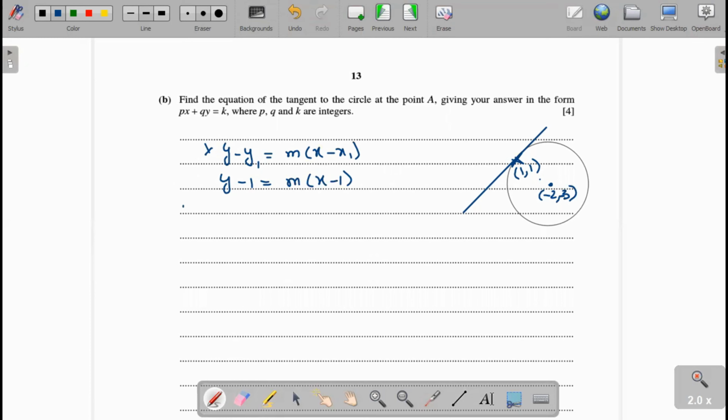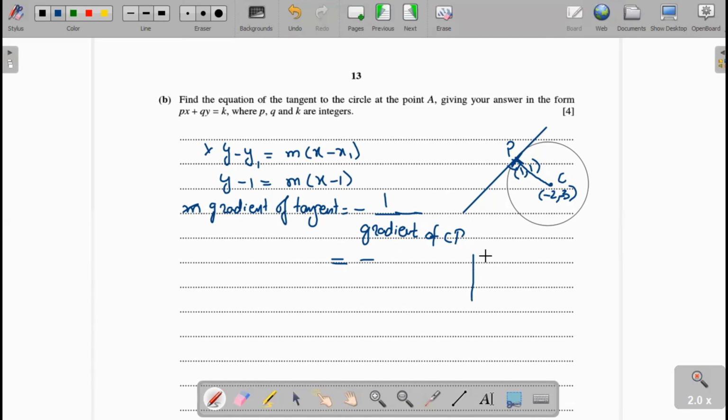Now to find the gradient of the tangent line, it is equal to minus 1 over the gradient of CP, because the radius is perpendicular to the tangent. Therefore the gradient of the tangent is minus 1 over the gradient of CP, because these lines are perpendicular. Now find the gradient of CP.